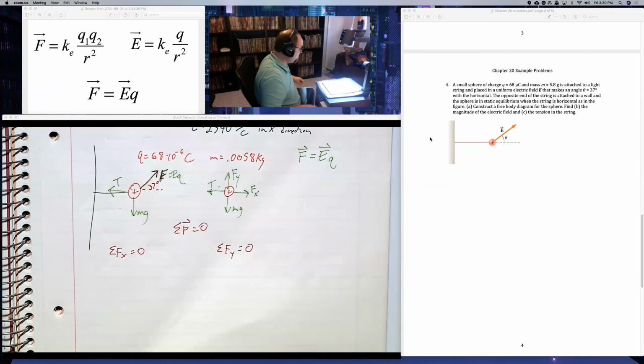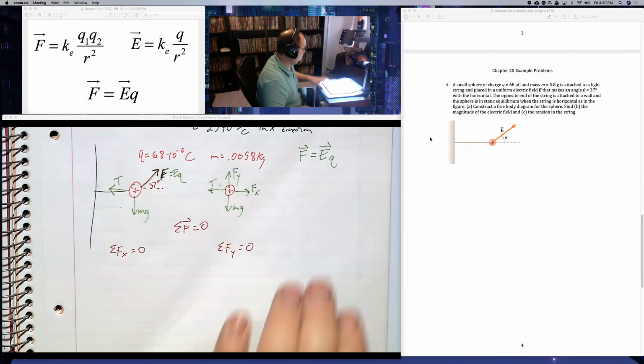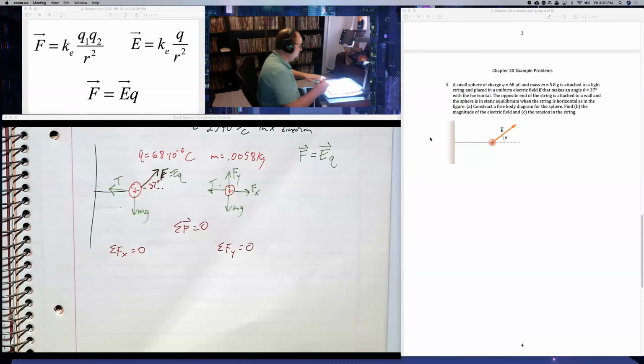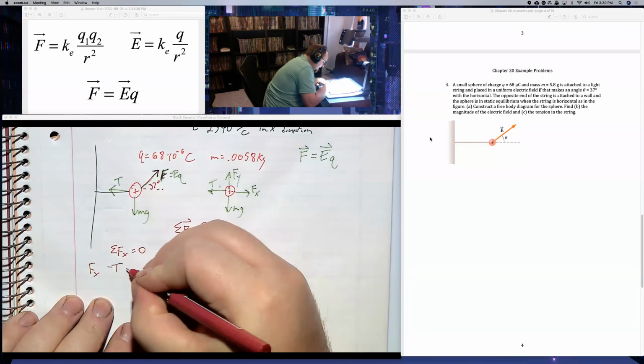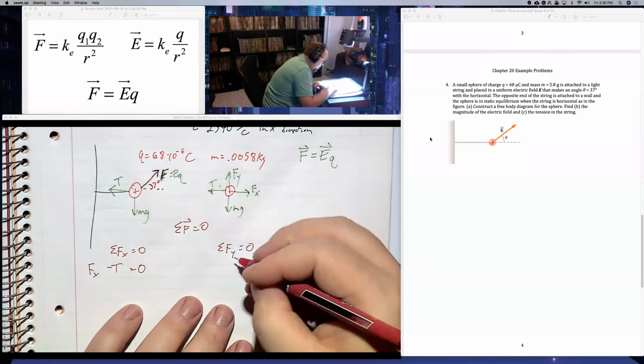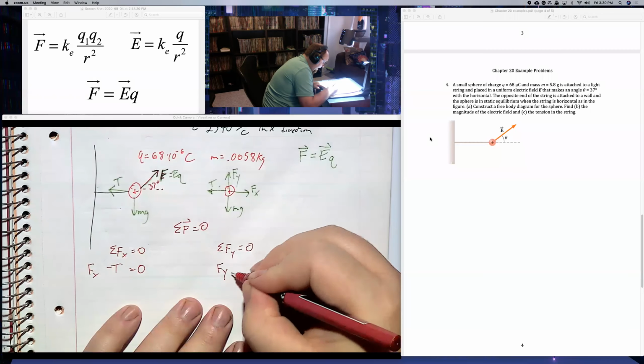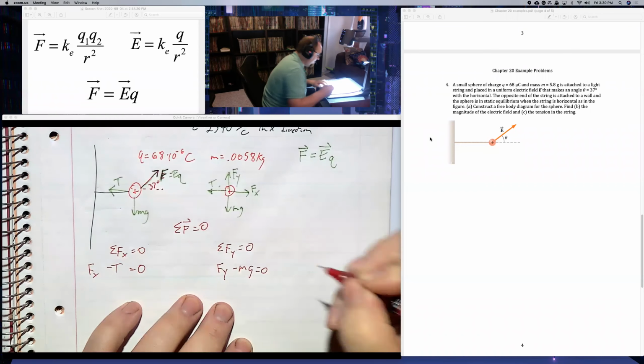It's the standard. I can look at my free body diagram and say X is everything to the right minus everything to the left. Y is everything up minus everything down. So in X, I'll say it's F of X minus T equals 0. And in Y, it's F of Y minus mg equals 0.